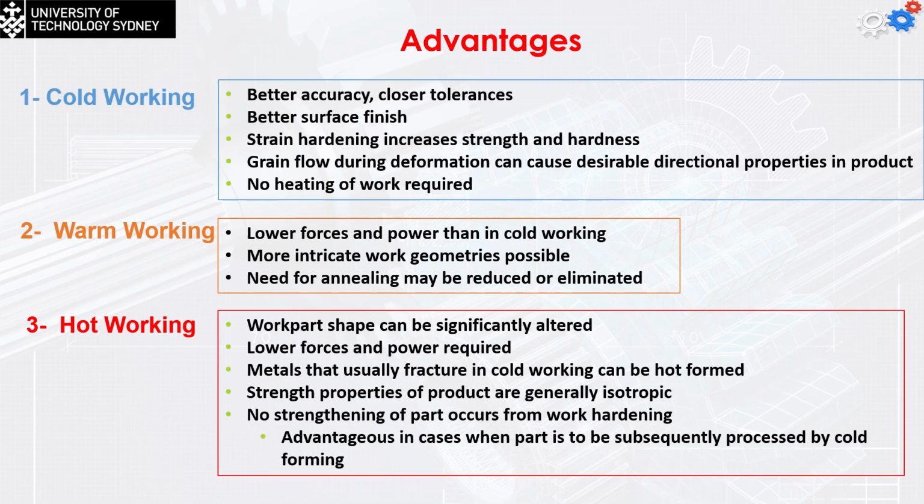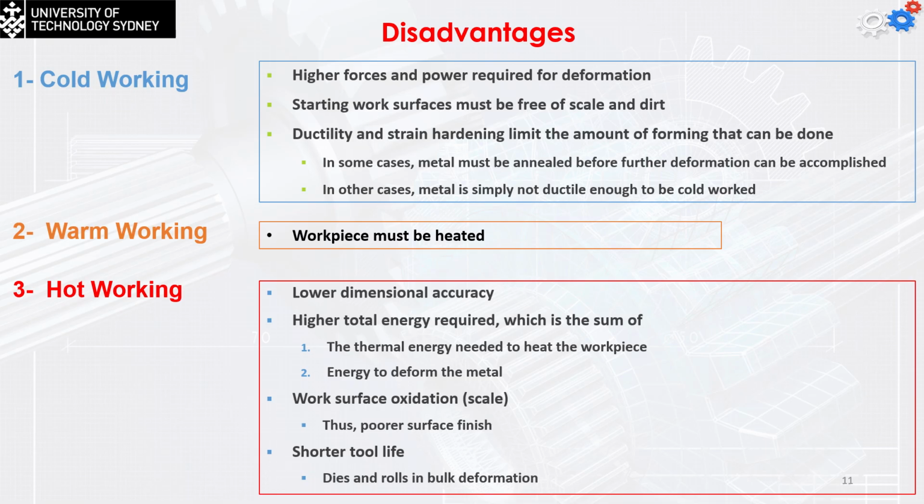The strength properties of the products are going to be generally isotropic, and no strengthening of the part occurs from work hardening. And this is advantageous in the case when the part is going to be subsequently processed by cold forming after the hot working operation.